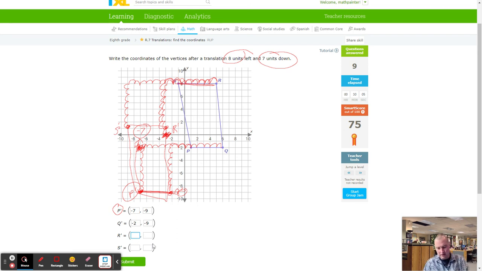Left 3 is -3, up 1. Careful with your negatives and positives. So left is negative. And S is right above the -9. And we need to go up 1. There we go.